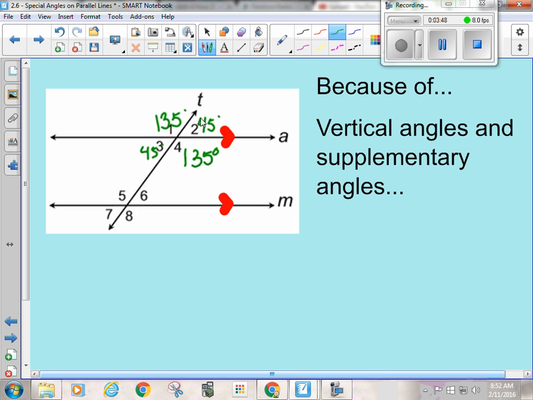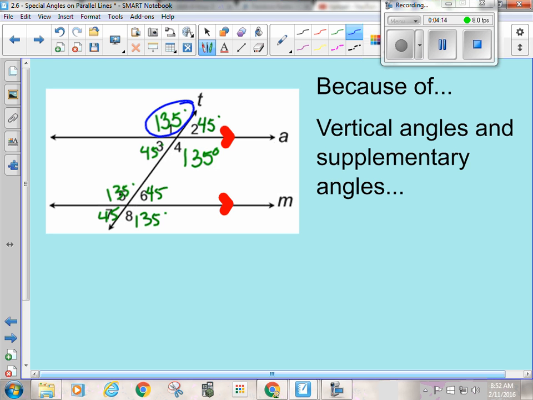Now, if I take line A and I lay it on top of line M, those angle measures are all going to carry over. And so we're going to see that this is 135, 45, 45, and 135. So let's do some conversing about these angles and their relationships we just finished talking about. Let's talk about corresponding angles.